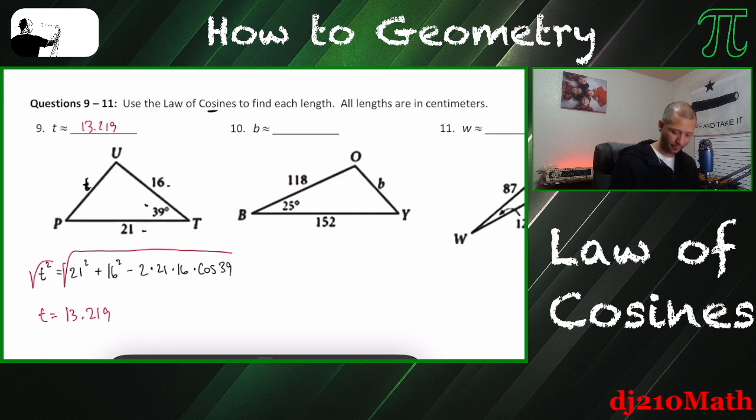Again, side, angle, side. The angle is in between the 2 sides that are given. So little b, that's the side we're solving for, and it's across from the angle that I know. So little b squared is equal to the square of the 2 other sides: 118 squared plus 152 squared minus 2 times a times b times cosine of 25.